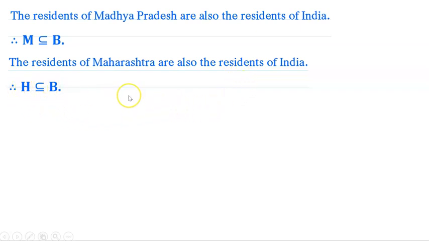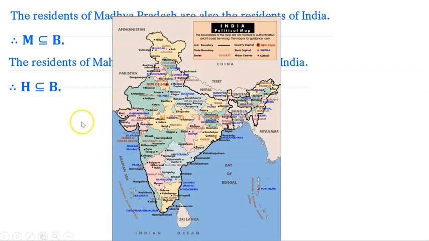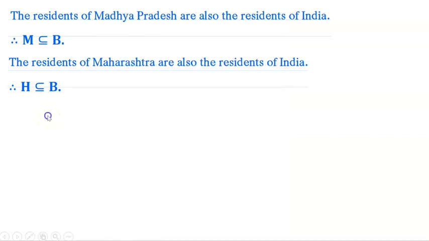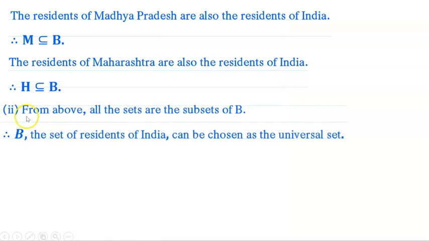That is, H is a subset of B. Okay. From above, all the sets are subsets of B. Okay, and therefore B, the set of residents of India, can be chosen as the universal set.